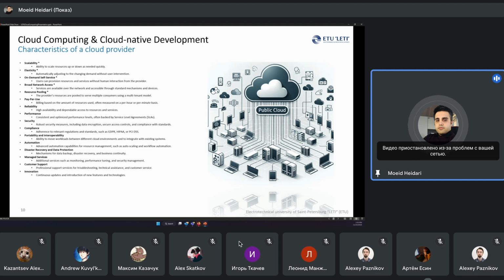On-demand self-services are the services where you can request them automatically, and you can have them without sending a request for a manual operation or something like that. So the user is able to manage all of these services. Okay, so on-demand self-service: users can provision resources and services without human interaction from the provider.